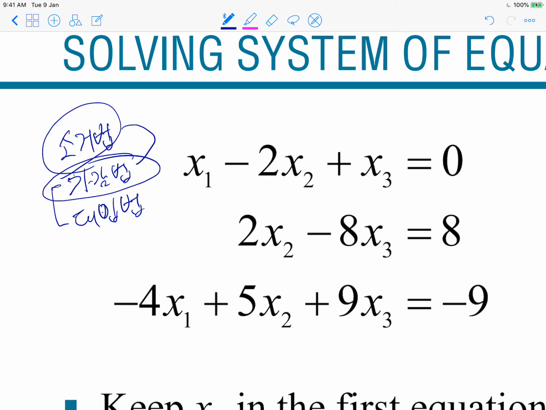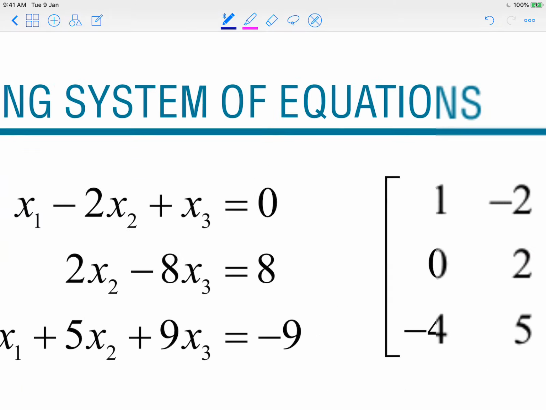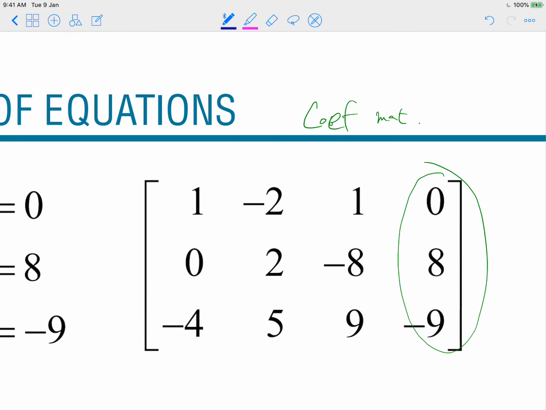Okay, so among several different ways of solving linear systems, what we will focus on in this class is this one, 가감법. It works as follows. If we have this kind of equation, what's the way of doing 가감법?